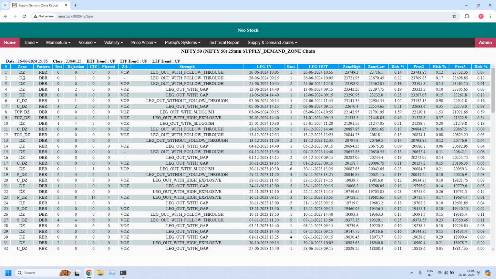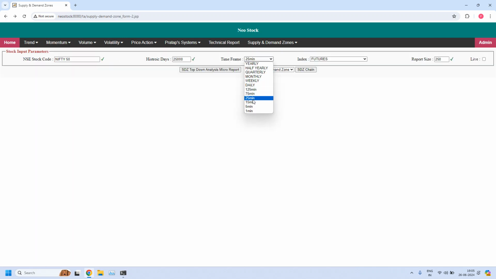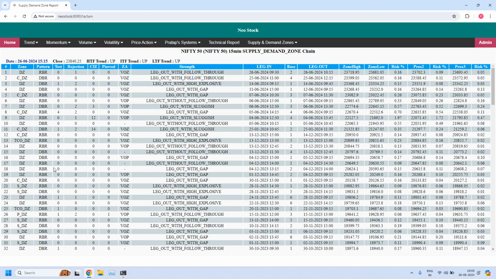But both are not high liquidity zones. So I am going back, changing the time frame to 15 minutes. So only one 15-minute zone is created today, a normal demand zone, but having one rejection.